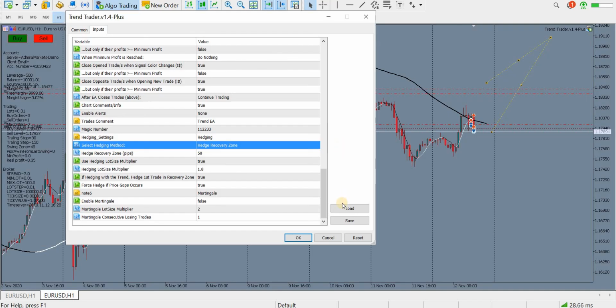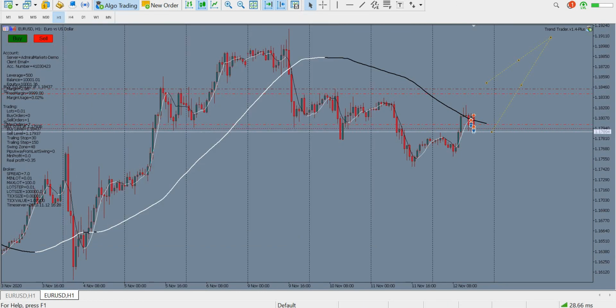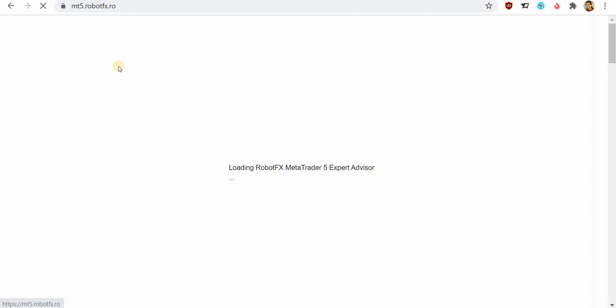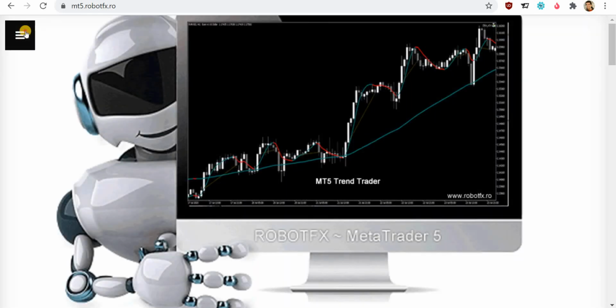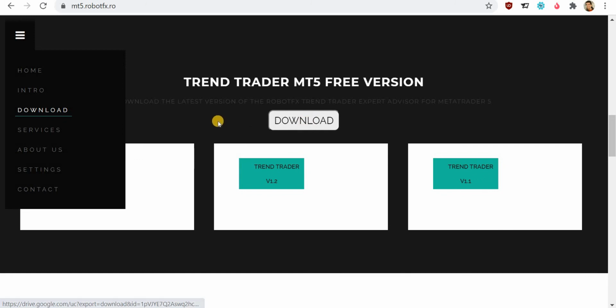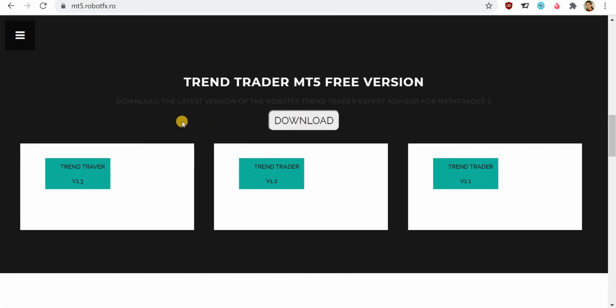So if so far it was clear, and I hope it was, you can go ahead to our main site. Again, go to the download button, click the download button, and download this version or the latest version and try it on your MetaTrader 5 terminal.